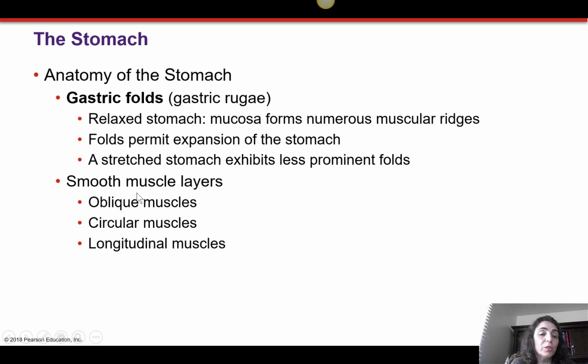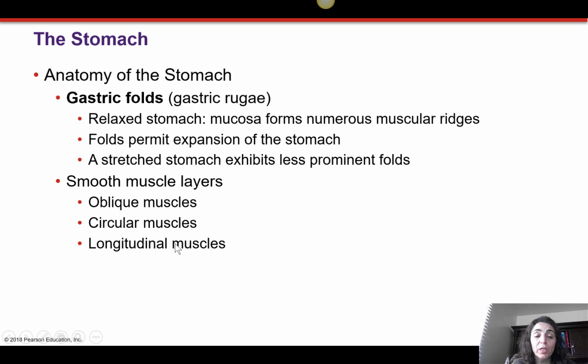Now, in the smooth muscle layer, the muscularis externa of the stomach is different than the other parts. We have oblique muscle, circular muscle, and longitudinal muscle. You remember that in general, in the wall of the digestive tract, we have inner circular and outer longitudinal. If we go from the outside, again here we have the same.